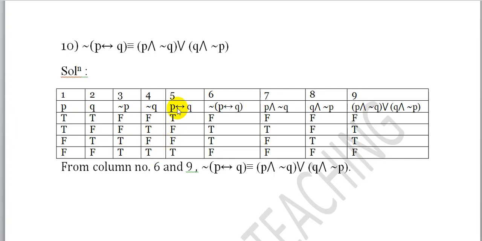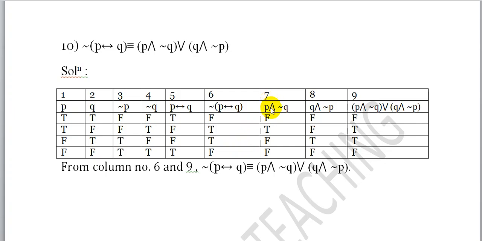P biconditional Q, already explained: only if both contain the same letters it is true, otherwise false. So T biconditional T is true and F biconditional F is true, otherwise false. So T F F T. In the sixth column, negation of column number 5, using just the opposite: F T T F.